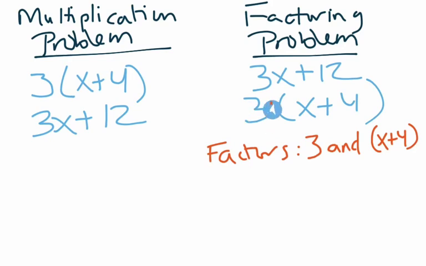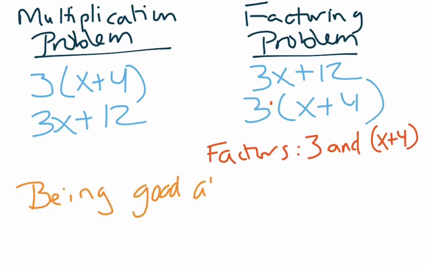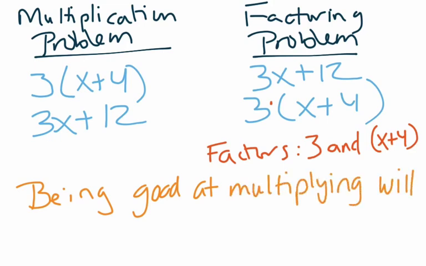There are two things being multiplied, the 3 and the x plus 4 are the two things that were being multiplied, and the kind of multiplication was distribution. So that brings out this key idea: being good at the multiplying will help you master factoring.